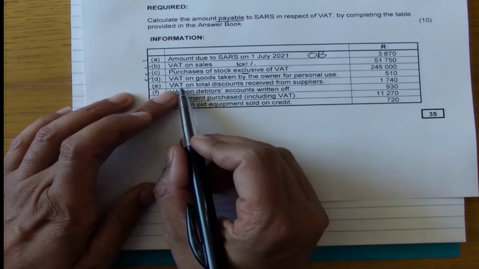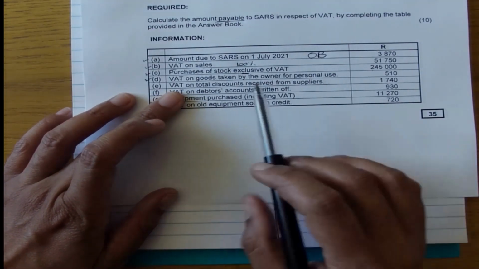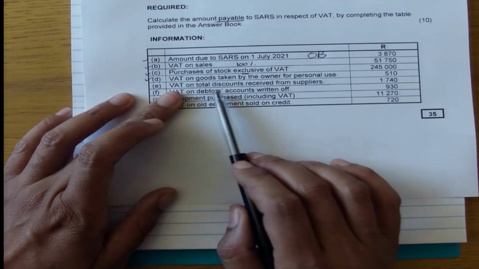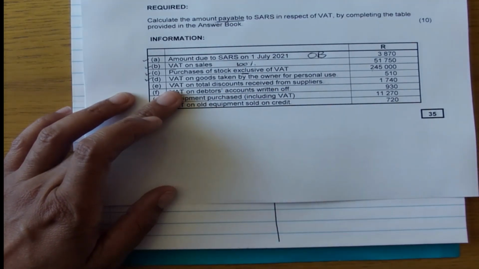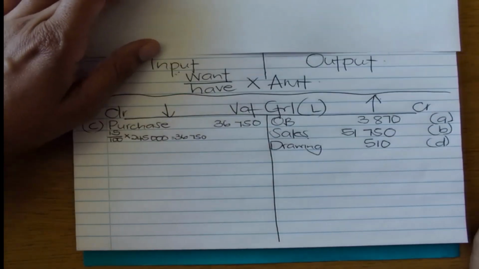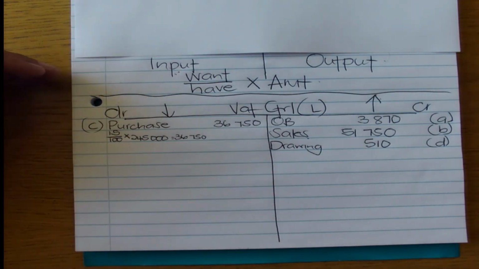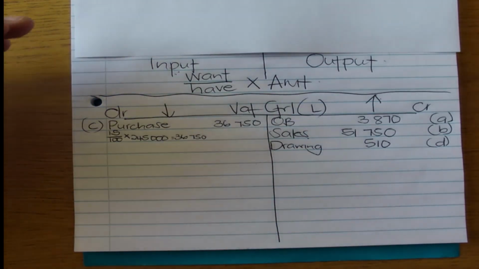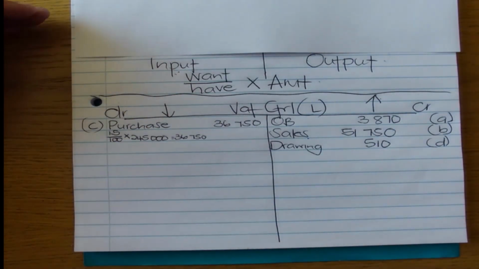E says VAT, right? Now VAT means 15%. So it says VAT on total discount received from supplier. And now let's just break that down. When you receive a discount from a supplier, what is a supplier? A supplier is someone that you bought from. So if you took something and you were supposed to pay 15% on 100 Rand, right?